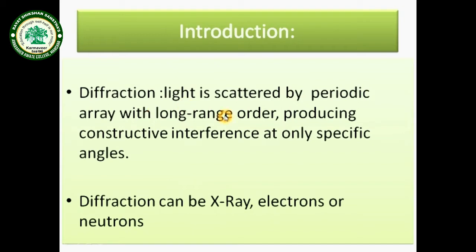As a result, at specific angles, waves meet in phase or out of phase, and a very systematic alternating constructive and destructive interference pattern is seen on the screen. This diffraction can be shown by X-rays, electrons, or neutrons as well. But here we restrict our discussion only to X-rays.